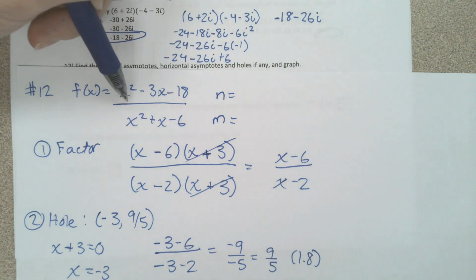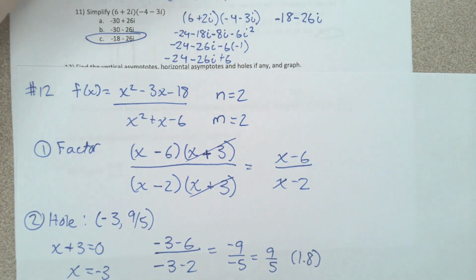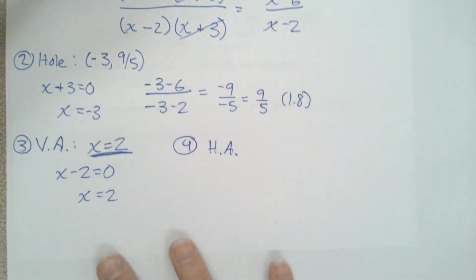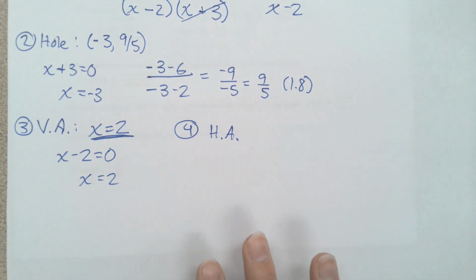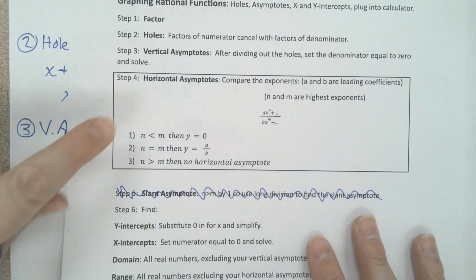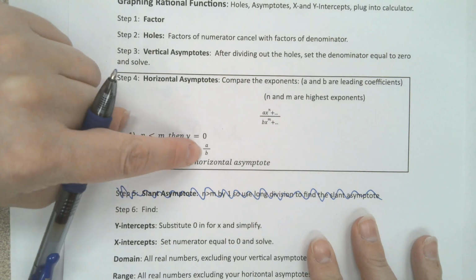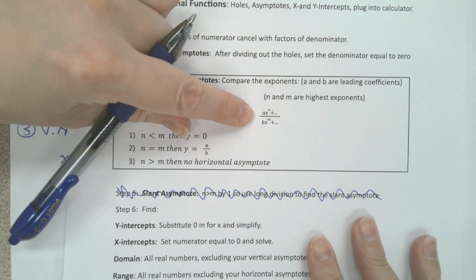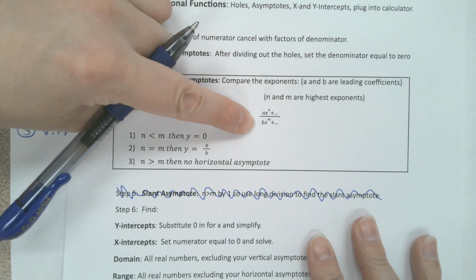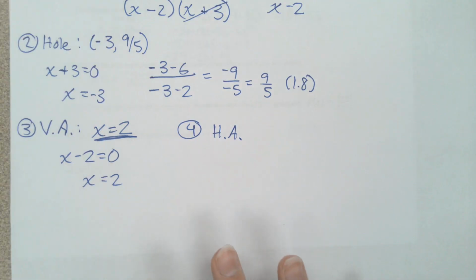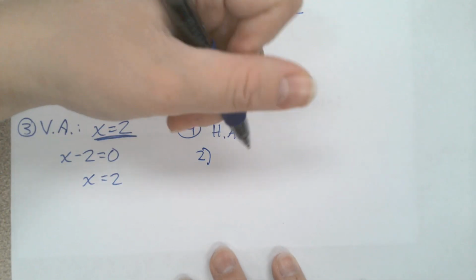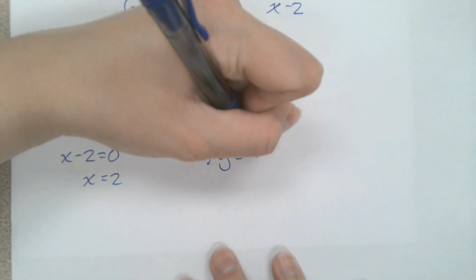These both have an exponent of 2. Since they have the same, we use the second case in this box here, n equals m. If we have that, then we use y equals a over b, where a is the leading coefficient on top and b is the leading coefficient on bottom. So we're doing case number 2. Y equals a over b.